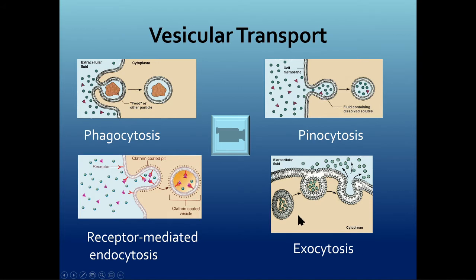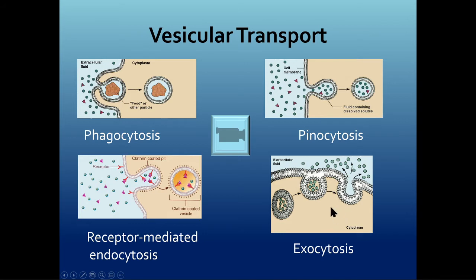The opposite is exocytosis. Exocytosis just means that we're going from the inside of the cell and we're dumping it out into the extracellular environment. A lot of the time, exocytosis is getting rid of waste products. The cell is dumping waste into that extracellular fluid to be picked up by the bloodstream. Or it could be that it had made some sort of chemical and now it wants to dump that to get into the bloodstream.